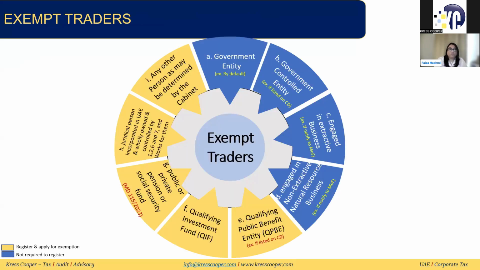So in the first slide, we saw that the traders can be exempt persons or out-of-scope persons. An exempt person or trader under the corporate tax law includes government entities, government controlled entities, entities engaged in extractive business, entities in non-extractive natural resource business, and all the rest of them. All of these fall under the exempt category under the corporate tax law.